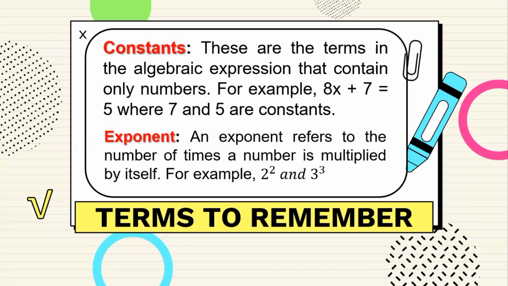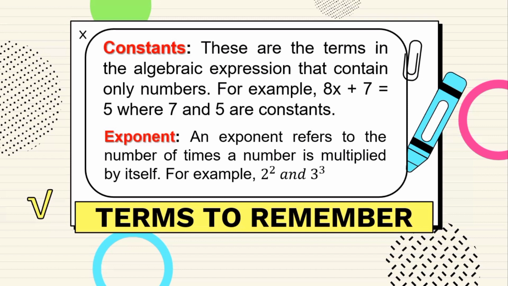The parts of an exponential expression are the base and the exponent, and the totality is the exponential expression or the power. Examples are the following: 2 squared and 3 cubed. These are examples of powers, or exponential expressions.